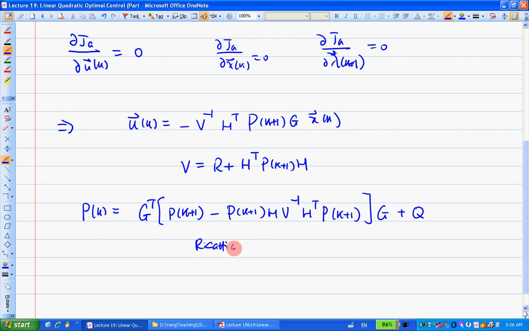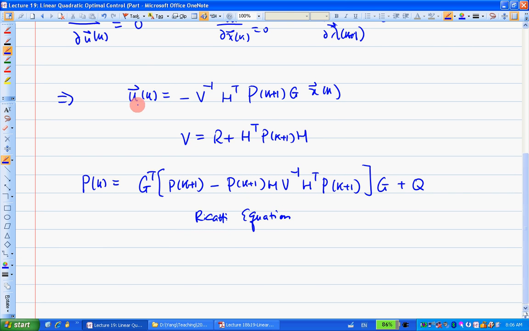And if you deal with a continuous system, there is also a Riccati equation. In order to obtain this u, if you look at it, u basically takes the format of negative K, small k to differentiate it, times x. So u of k takes this format.